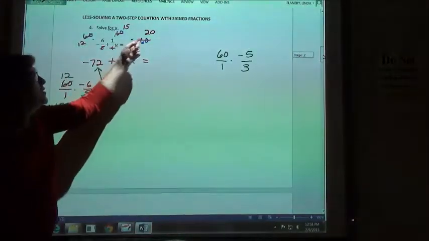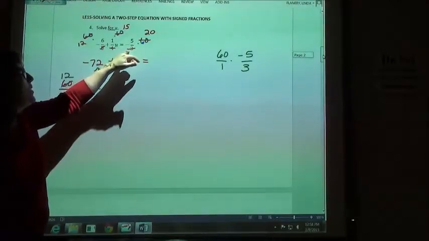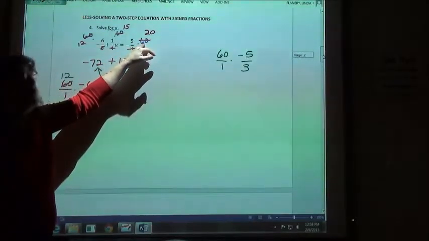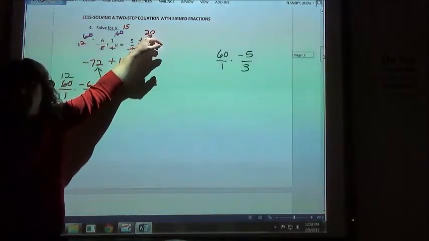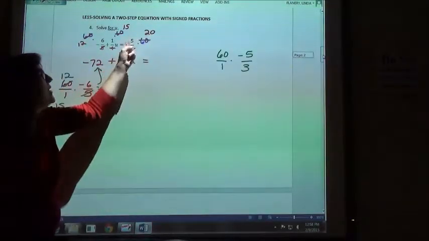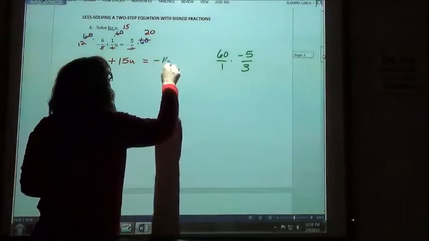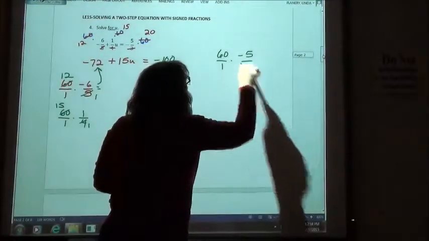But we know that this is going to cancel with this if we have the right number up there. So we said 3 goes into 60 20 times. And then I have to take 20 times that top number. 20 times negative 5 gives me negative 100, right?